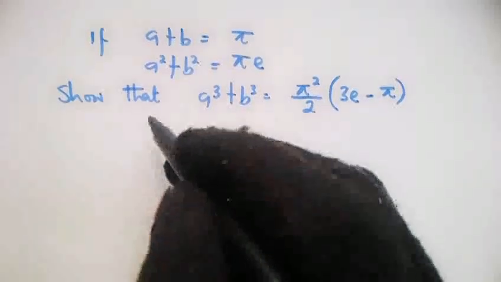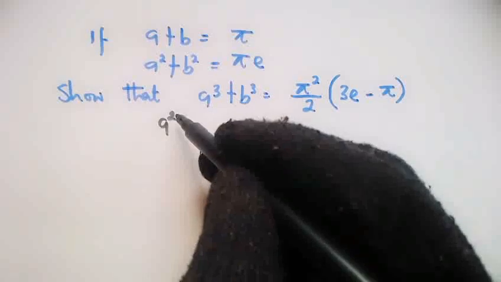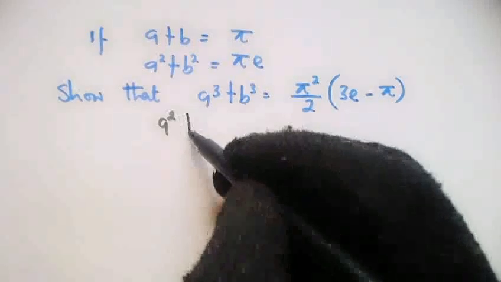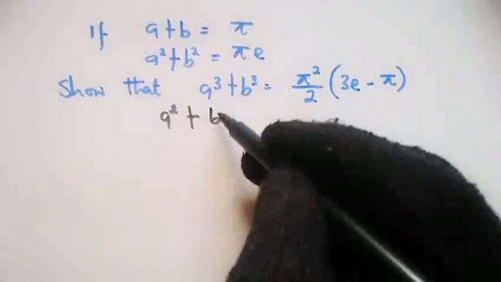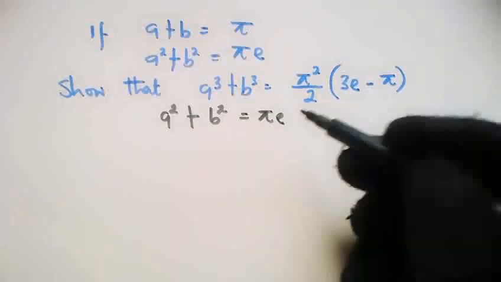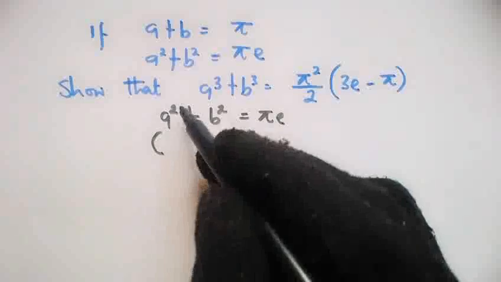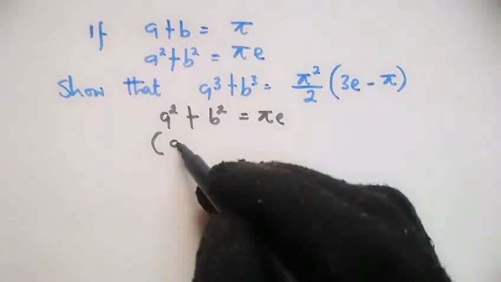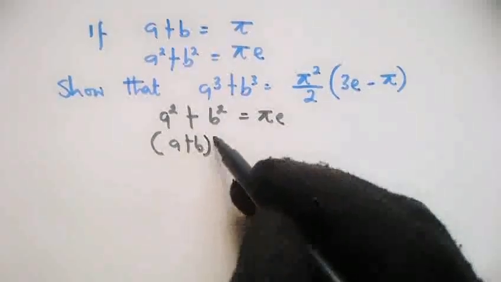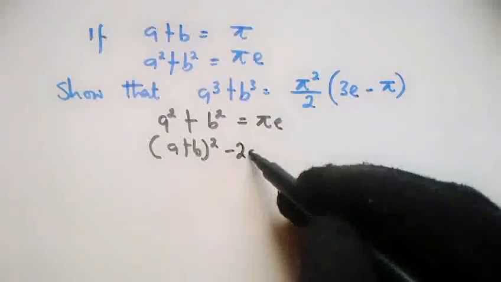So from the equation, a squared plus b squared is equal to pi times a. We are going to use the formula that a squared plus b squared is a plus b raised to the power 2 minus 2ab.